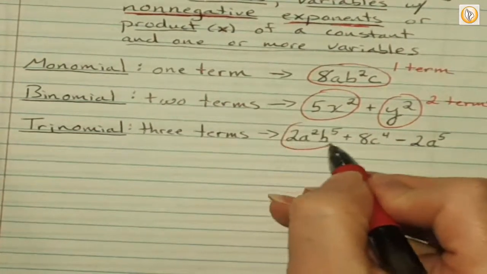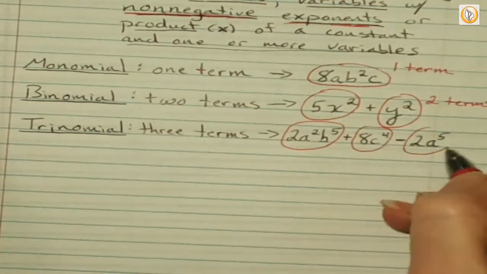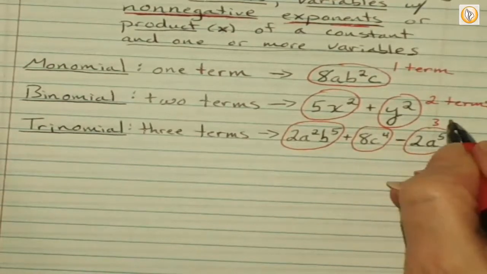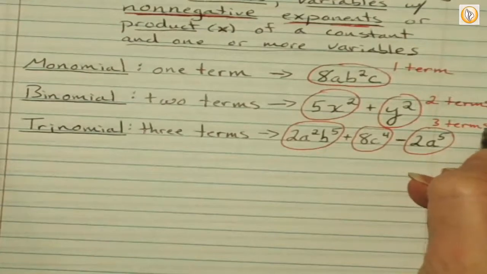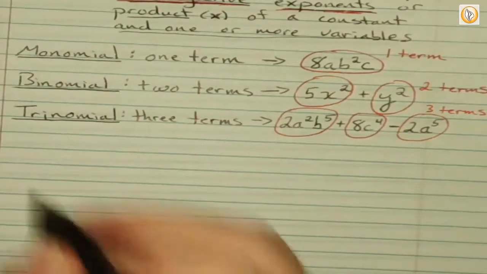This is a term, this is a term, and this is a term. This one is 3 terms. Any questions so far? Those of you in the back, if you cannot see, let me know.